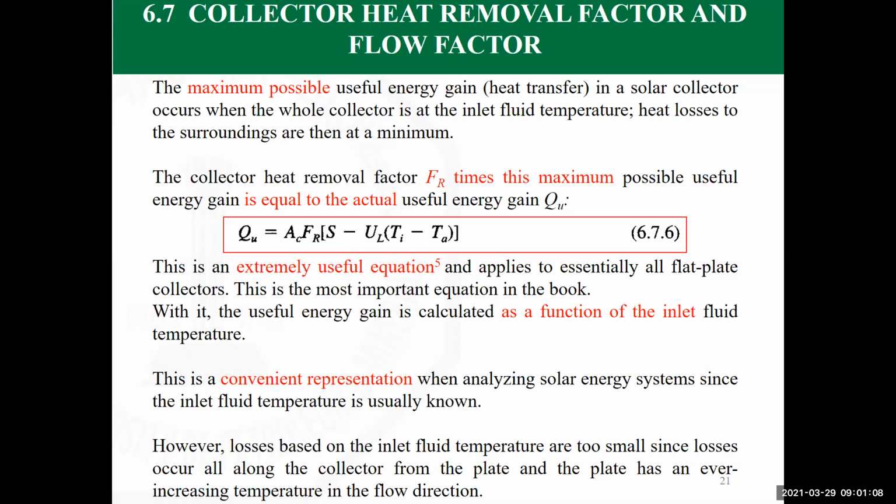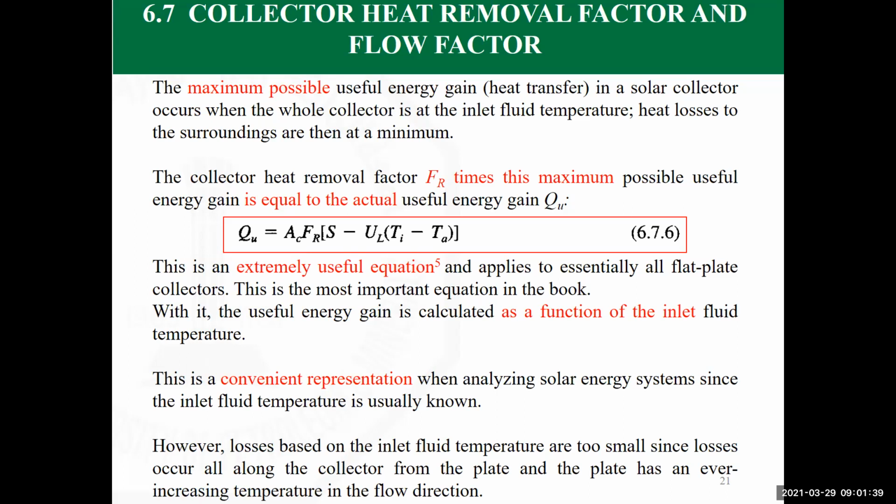The useful energy gain here can be calculated as a function of the inlet fluid temperature. This is important because in many cases we don't know the outlet temperature. If you are able to calculate Q useful in terms of values that you already know, which are the ambient temperature and the inlet fluid temperature, that makes your calculations much easier, because the outlet temperature needs to be determined.